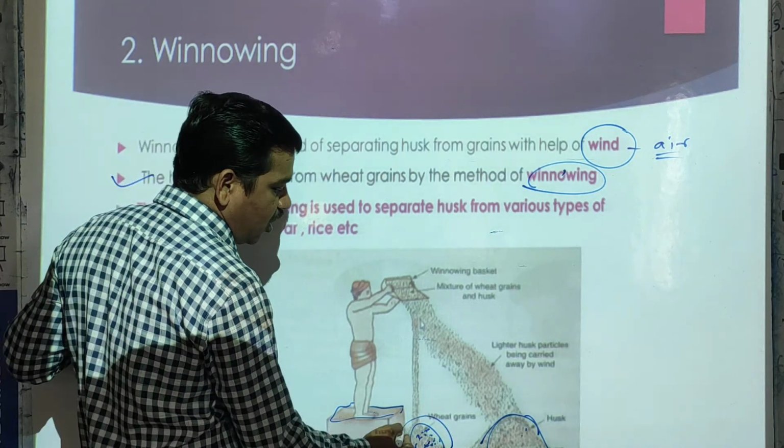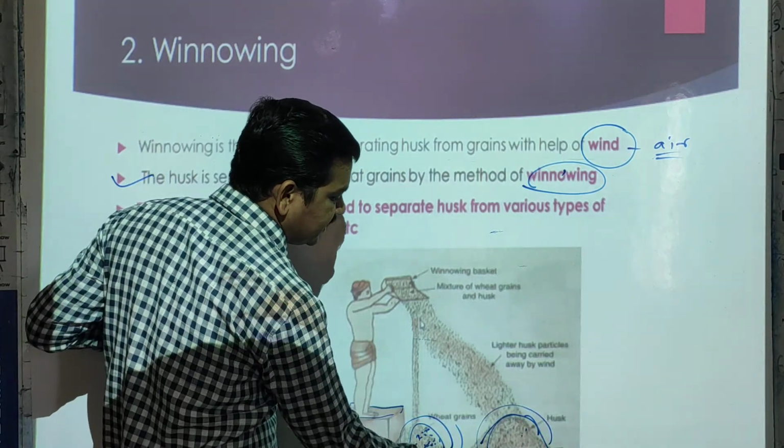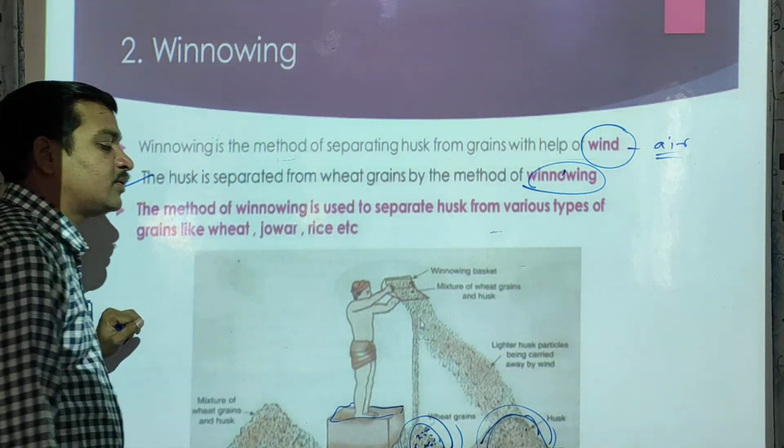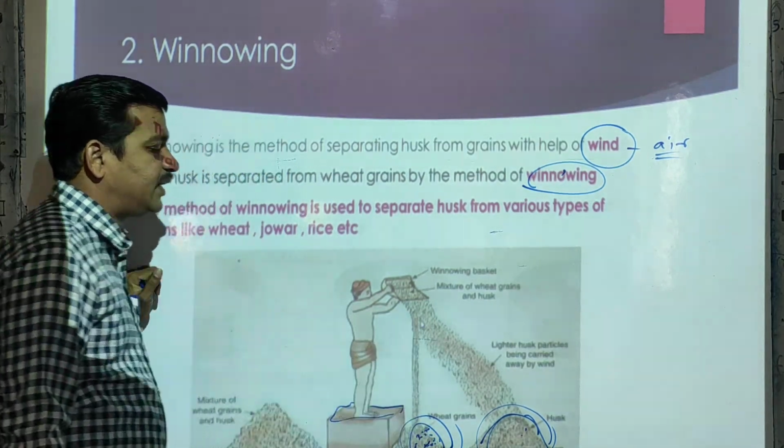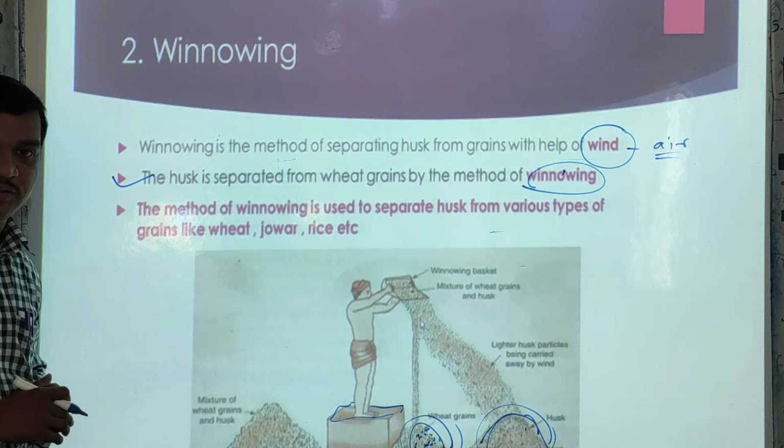So this is the heap of wheat grains, and this is the heap of husk particles. In this way the husk particles are separated out from the grains. Okay, students.